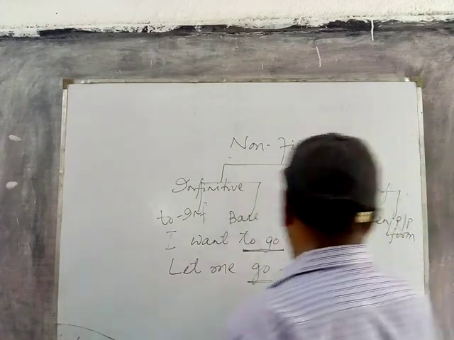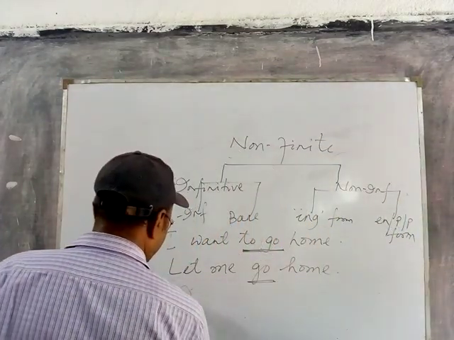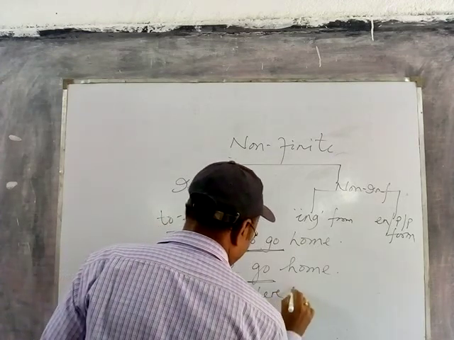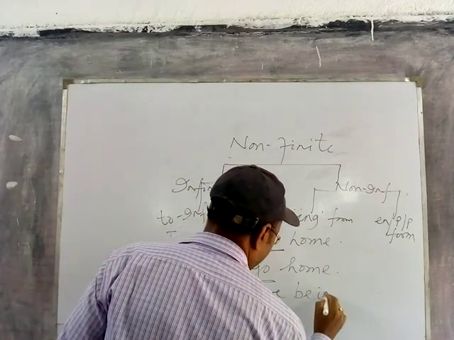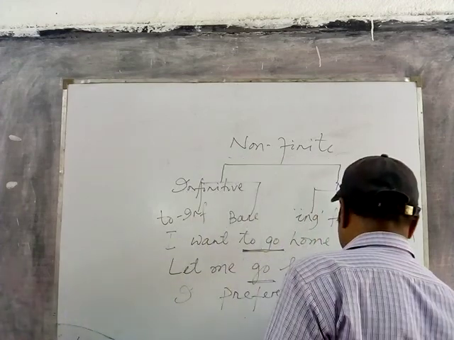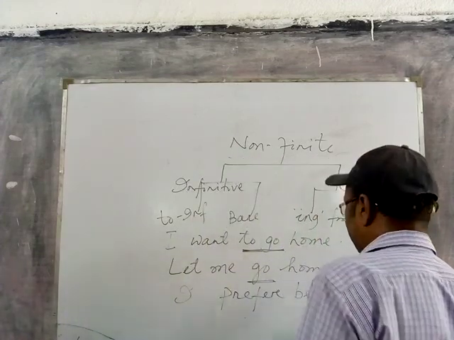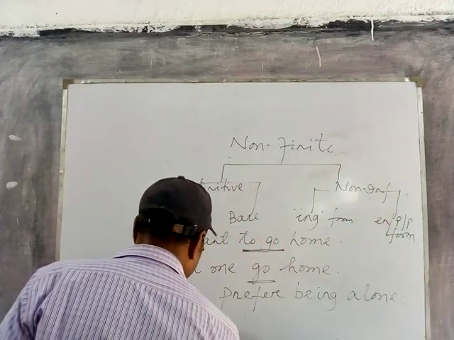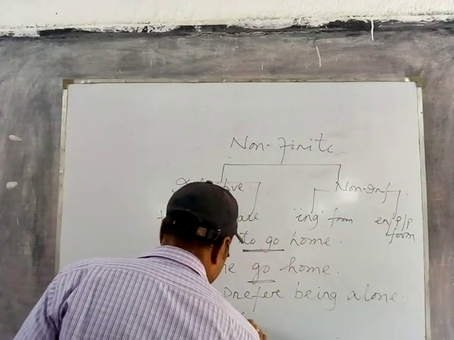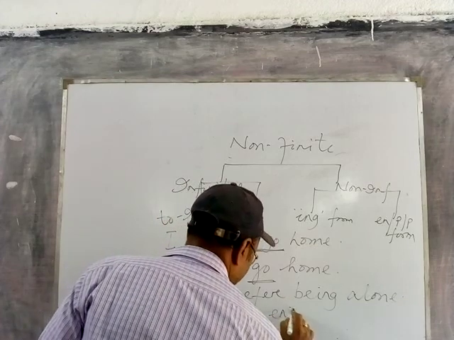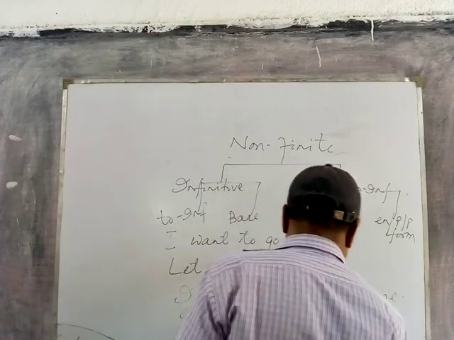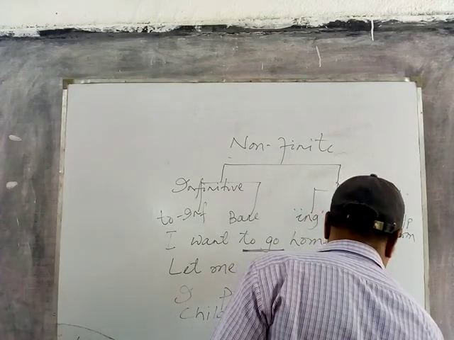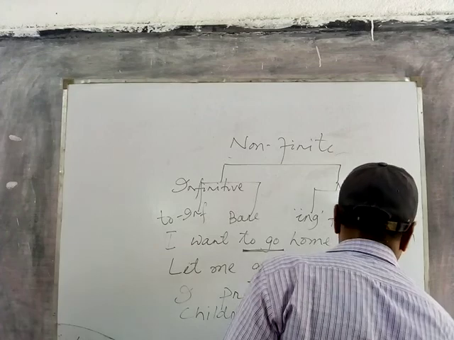Let us take the example of ing. I prefer being alone. Children enjoy eating sweets.